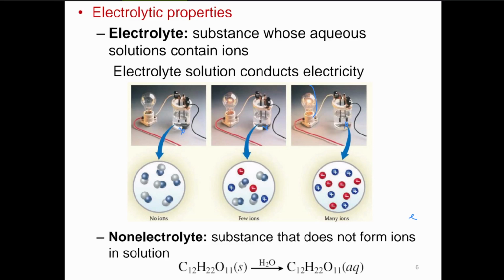For example, if you take fructose sugar and dissolve it in water, the molecules will remain intact. In that case you will have no ions in the solution, and it will not conduct, so you will not see electricity circulate in this situation.